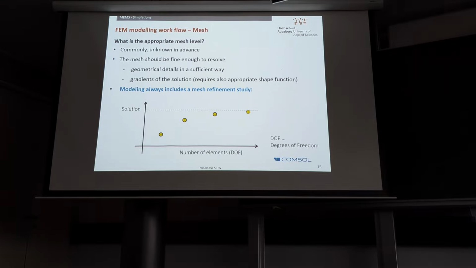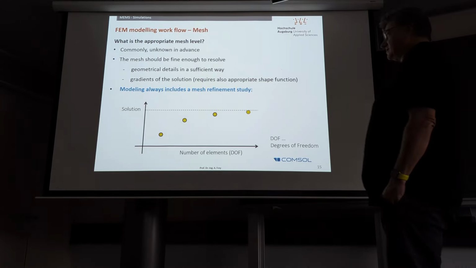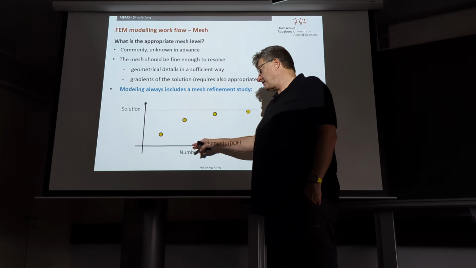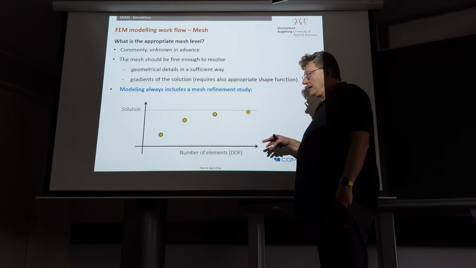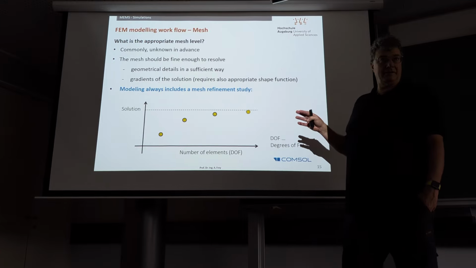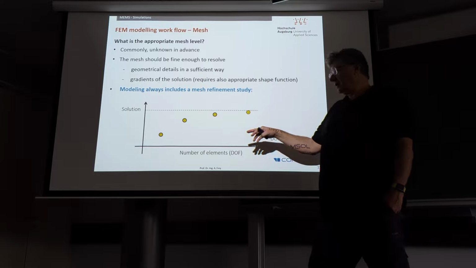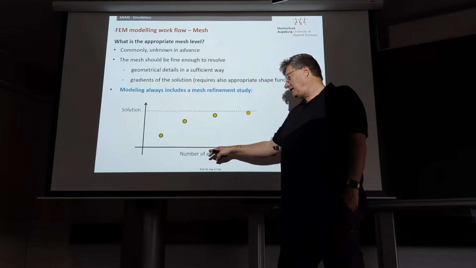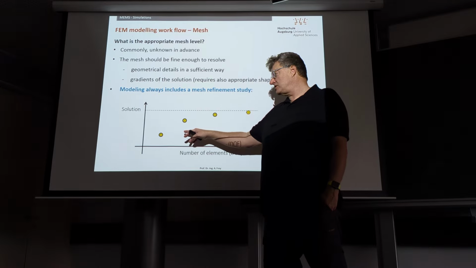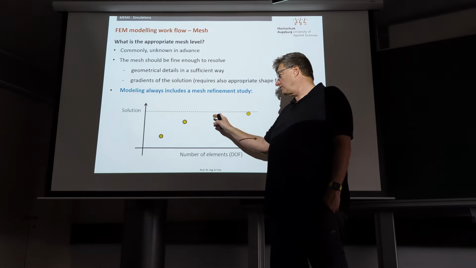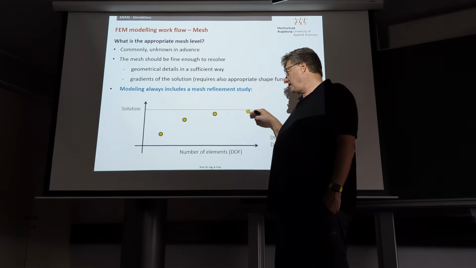Check what is the maximum stress in the fillet and how that changes for different mesh resolutions. And ideally, that's not always the case, but ideally, to give you an idea what you should look for, if you increase the number of elements, if you make a finer mesh, then the solution should converge toward a final value.